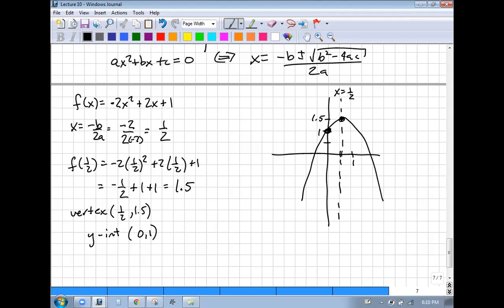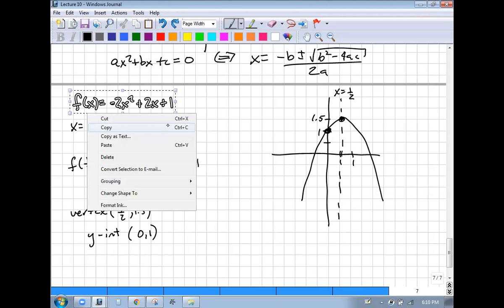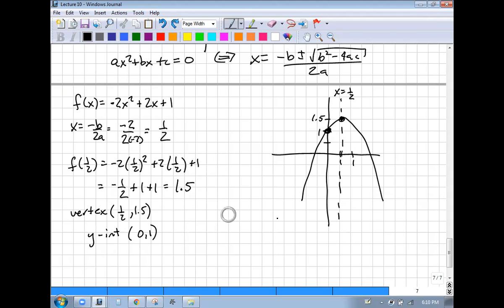Boom. Well, there are two other interesting points here. What is this point and what is this point? Well, that's where the function is 0. That's where my y value is 0. So if I set it equal to 0 and solve for x, what are these x values? Well, we know the answer because we have the quadratic formula right here. It's going to tell us.